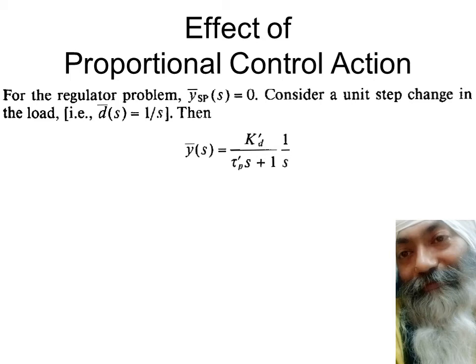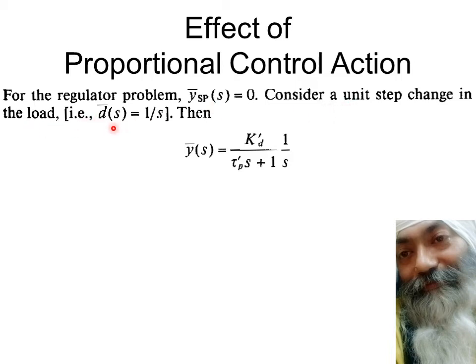Now we take a regulatory problem. What is there in a regulatory problem? Instead of giving a unit step change in the set point, we assume that the set point remains constant, but we give a step change in the load, that is, the disturbance is given a step change.